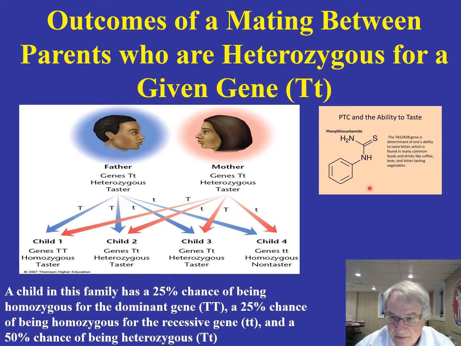And here is the PTC molecule that you see right here. We have a gene that helps us taste bitter substances like this. Those bitter tasting substances are in a lot of different things, like coffee, for example, and certain vegetables, like Brussels sprouts.